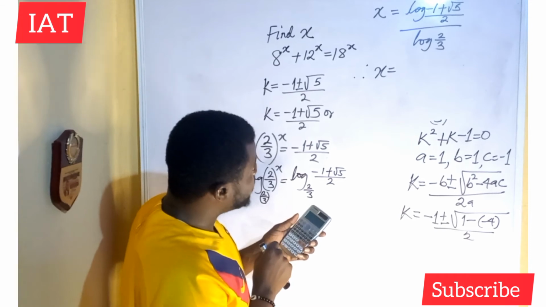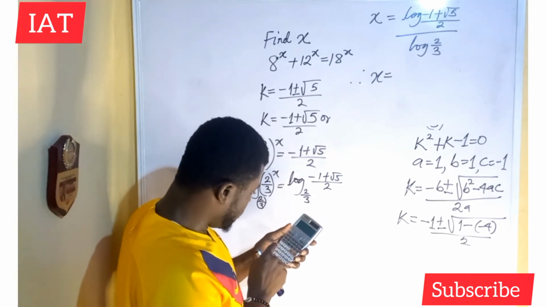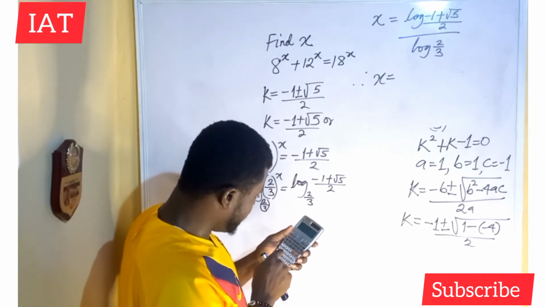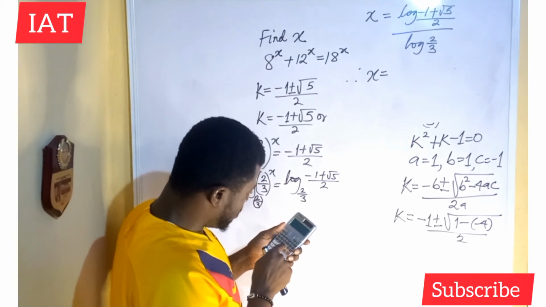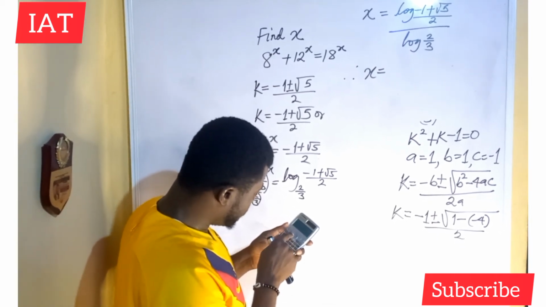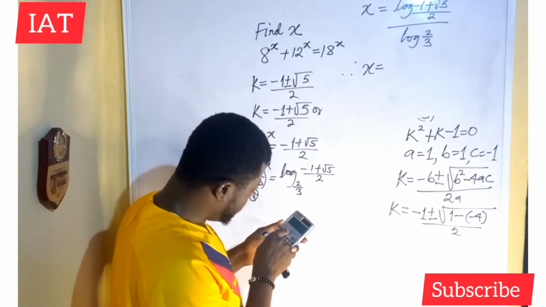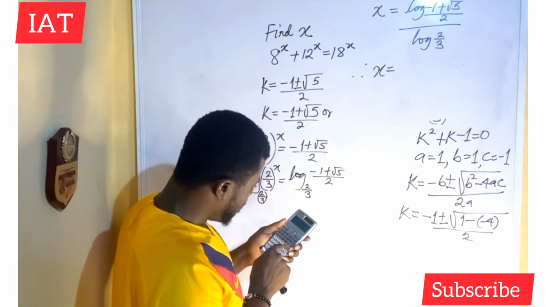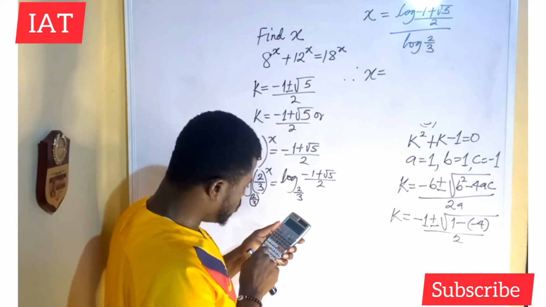All right, so we have here the logarithm of minus 1 plus the square root of 5. We close the bracket here. Sorry, let's do that fast. We close the bracket, and this we divide by 2.